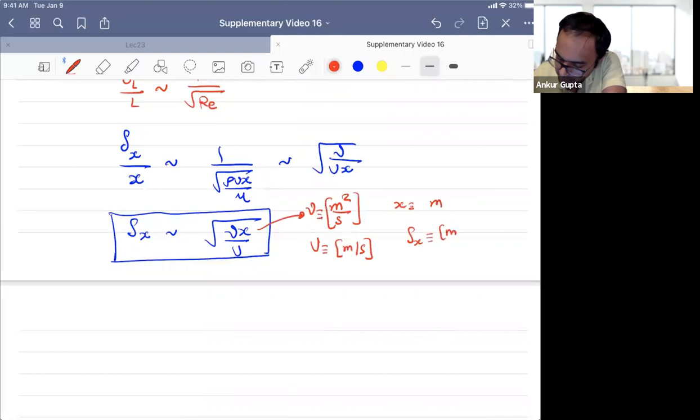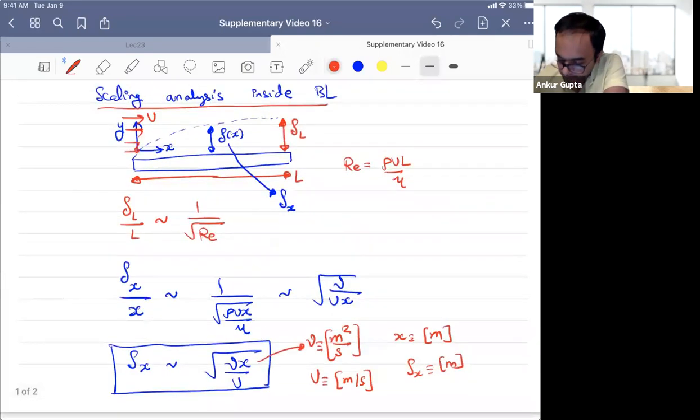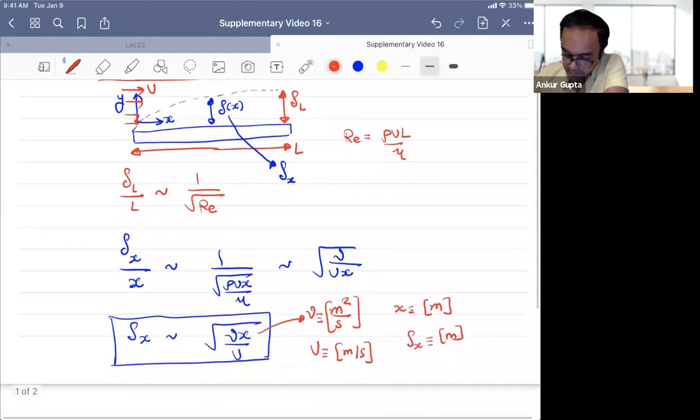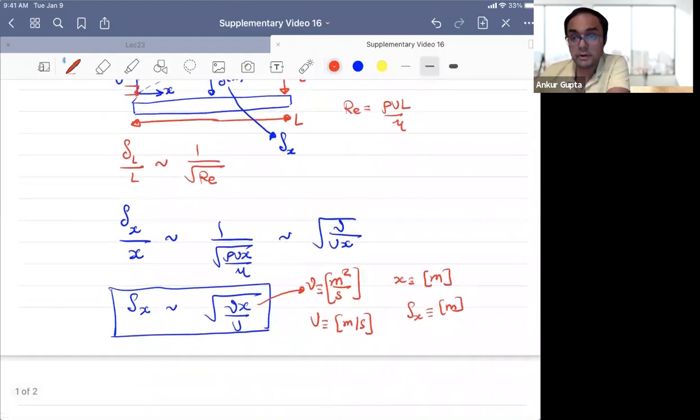It's always good to get a sense of dimensions. And nu is the kinematic diffusivity, or momentum diffusivity, and has units of meter square per second. So this is something we have discussed briefly in class of how the boundary layer thickness scales with x, and it goes with square root of x. So we can imagine the boundary layer thickness will go with distance x.